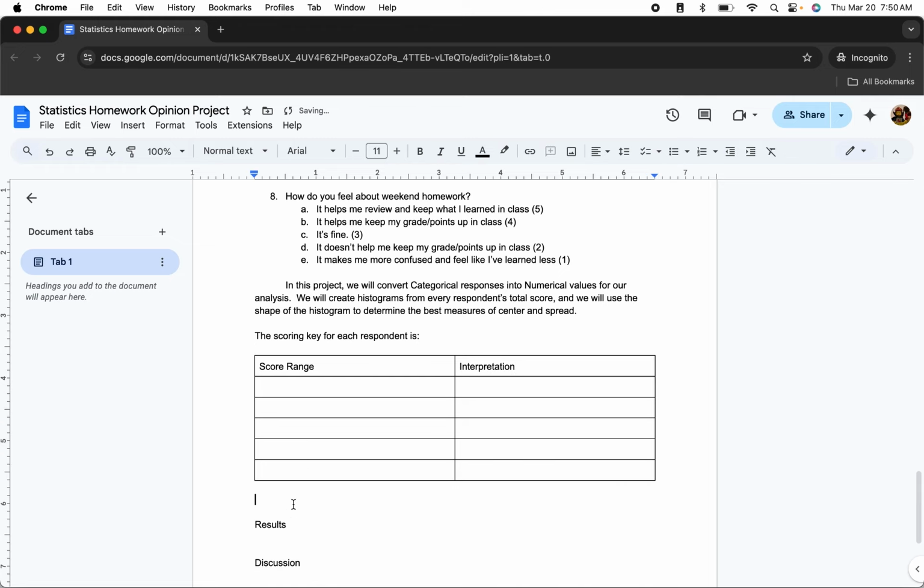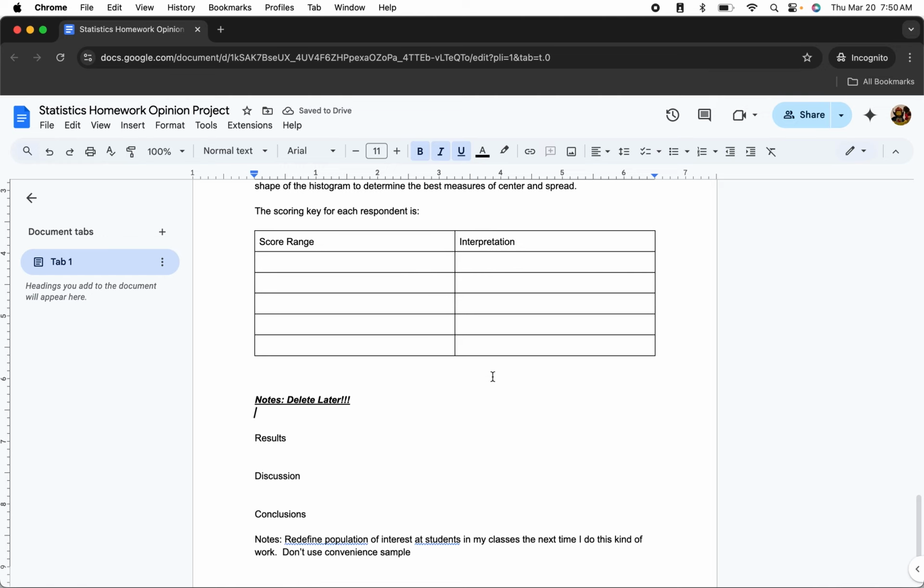So I'm going to do a little bit of notes, delete later. Our minimum score was 8 because I had 8 data gathering questions.